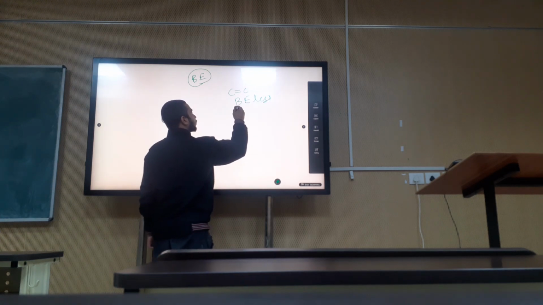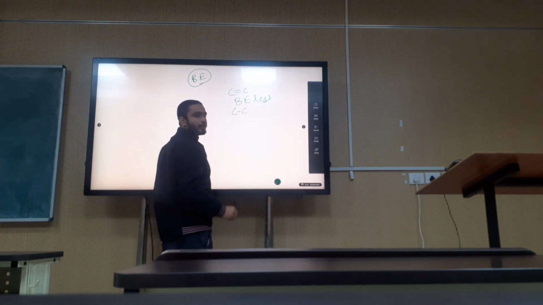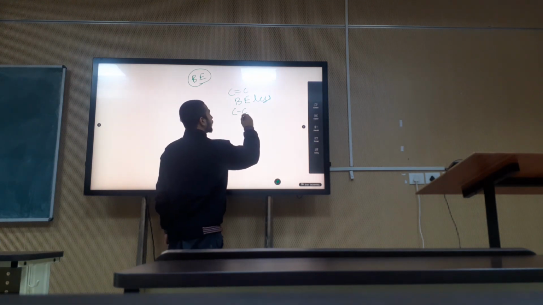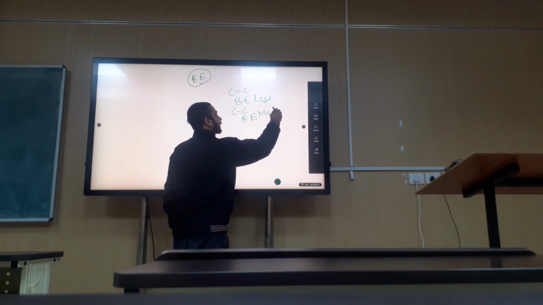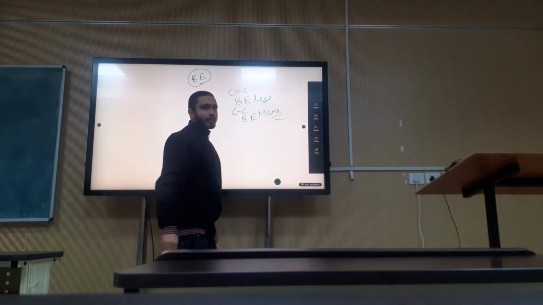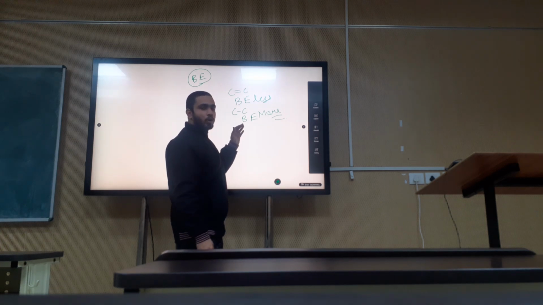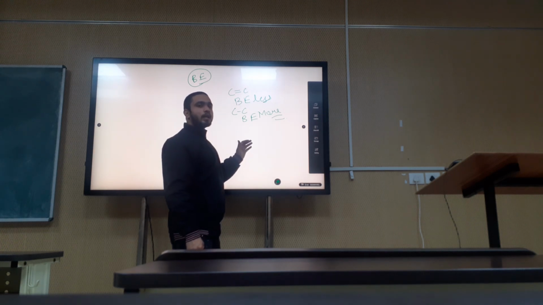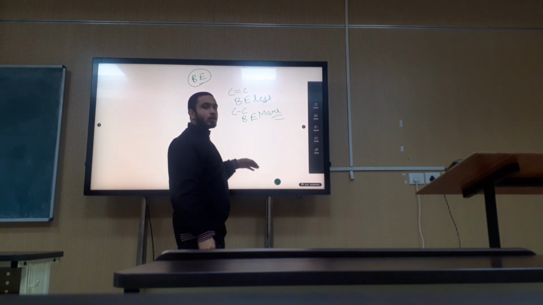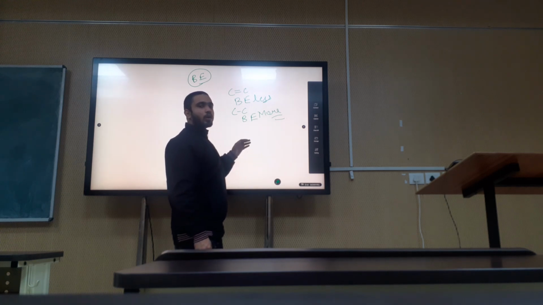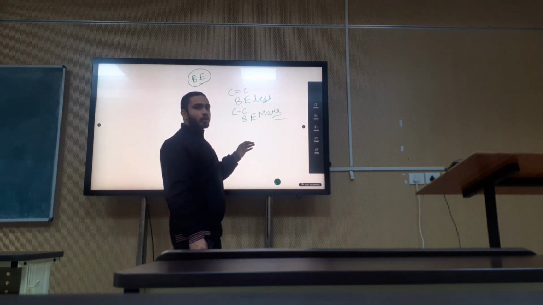And we require more energy to break C single bond C, so its bond energy is more. So like this bond energy is defined. Bond energy is defined as the energy we require to break a particular bond between two particular elements. That is the bond energy of that molecule or compound.